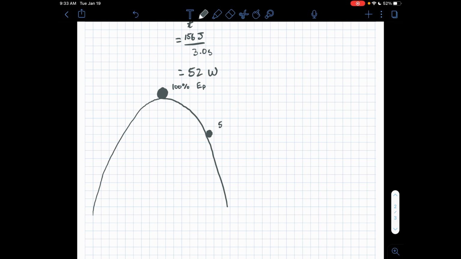So now halfway through the descent, 50% of the energy will be kinetic, and the other 50% of the energy will be potential. And as it is farthest down the hill, once it has gained the most speed that it can, it will have 100% kinetic energy and no potential energy anymore.